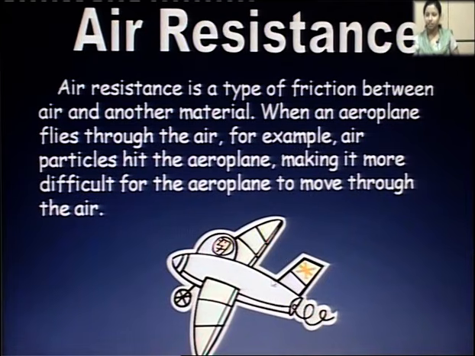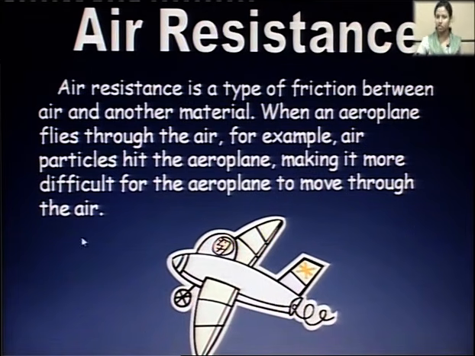Next we completely define air resistance. Air resistance is a type of friction between the air and another material when an aeroplane flies through the air. For example, air particles hit the aeroplane, making it more difficult for the aeroplane to move through the air.